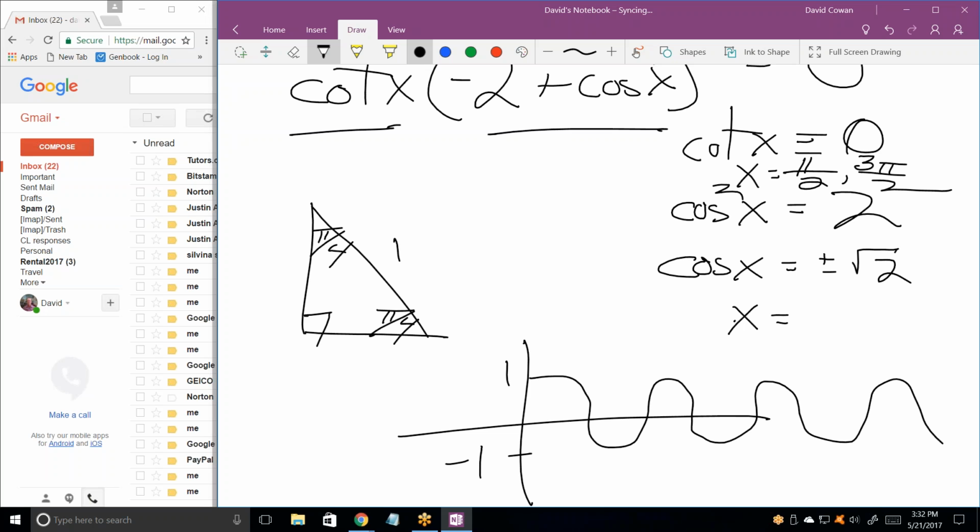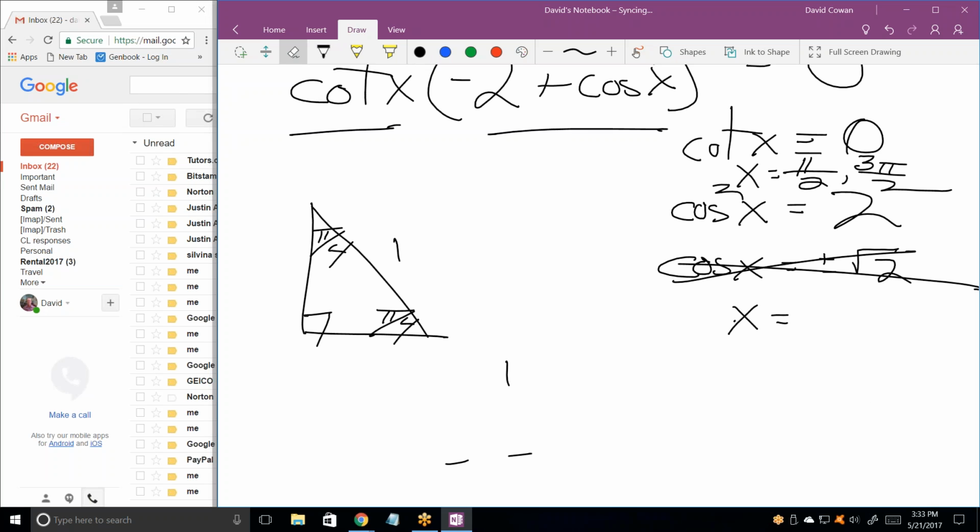There's no place on that entire domain where the cosine of x is equal to root 2, which is approximately 1.41. So this is impossible. Can't be. So you'd write no solution? No, I've got a solution up here. I still have a few solutions. My solutions were pi over 2 and 3 pi over 2. So I still have two solutions.